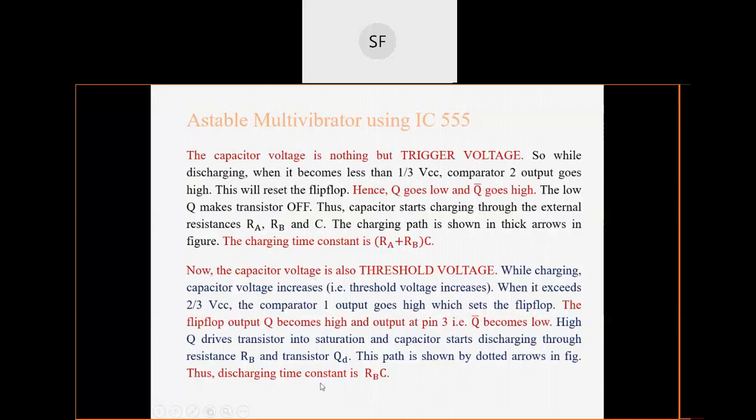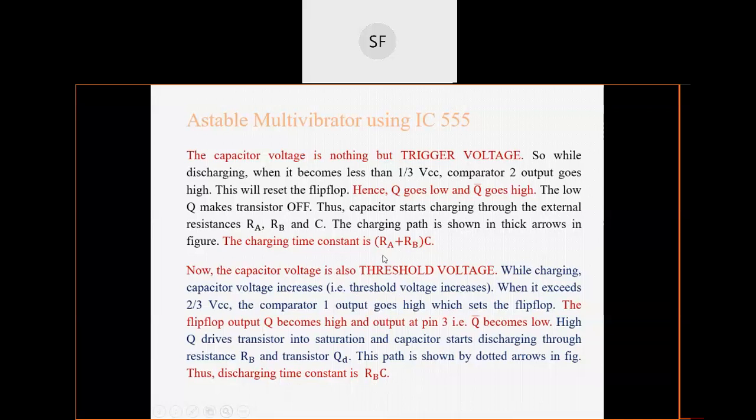Thus the discharging time constant. Now since the discharging is taking place through Rb and C, there is no role of Ra in discharging, okay, because your discharging current is not flowing through Ra. So that's why the discharging time constant will be Rb into C only.